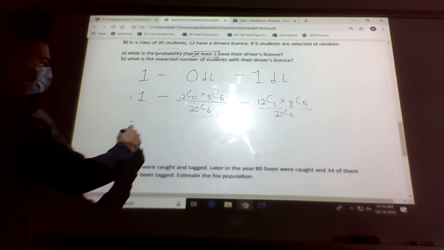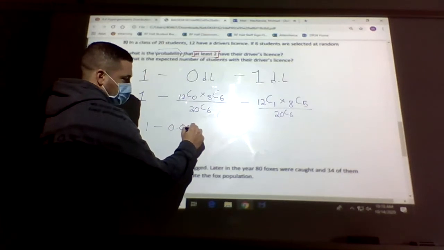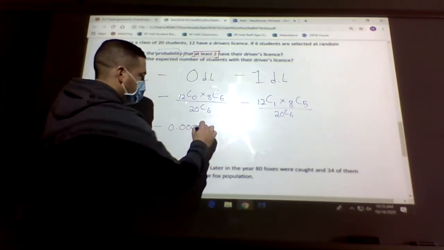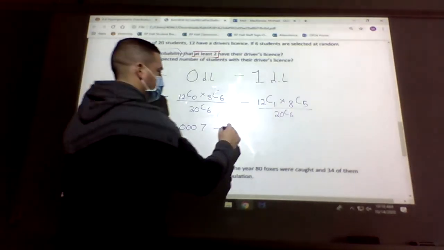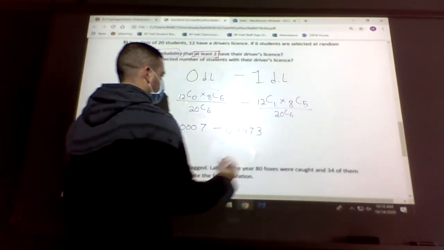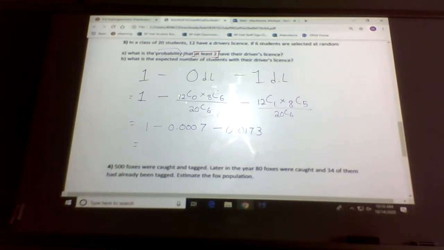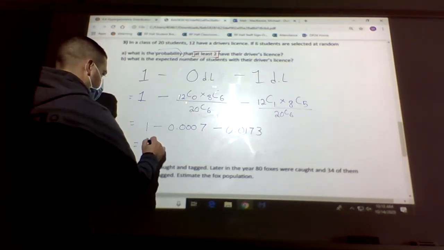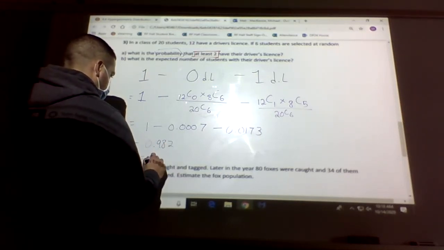So my notes here, I have 1 minus 0.0007 minus 0.0173, which is 0.982 or 98%.